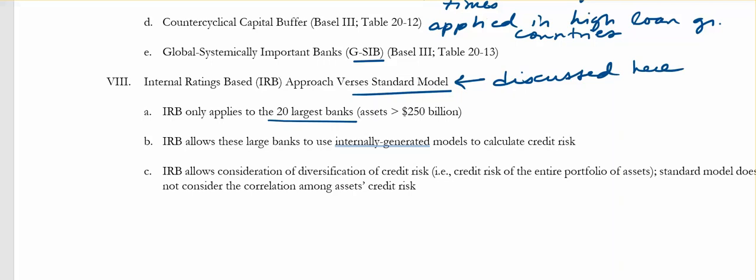And they are allowed to use their own models that's generated from the data they collect on their own business to assign risk weightings to their assets. And it also allows for diversification of credit risks, which the standard model does not.